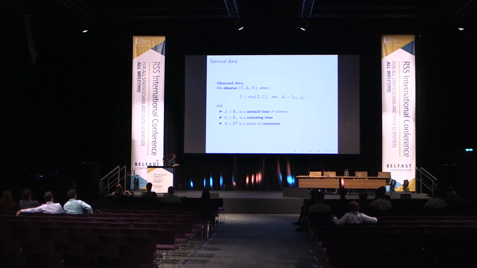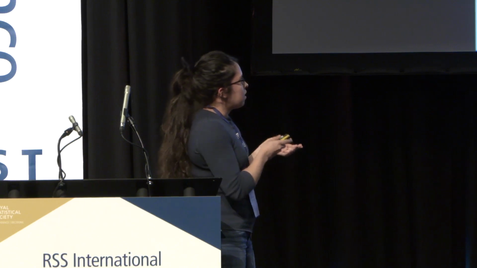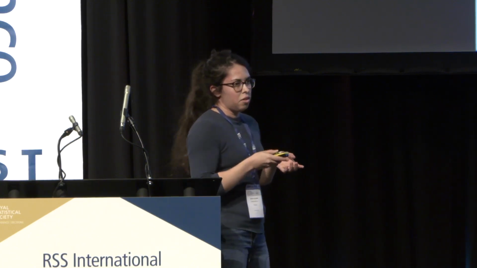What we observe in reality is this triple. T_i, which is the minimum between the survival time we are interested in, Z_i, and C_i, which is a censoring time. We also observe this delta_i, which is an indicator variable. It tells us if we are actually observing the survival time we are interested in.